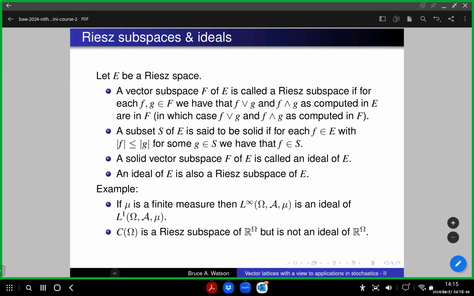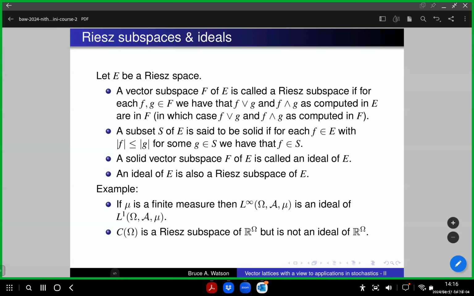But another interesting case where it fails is, let's take the set of all real valued maps on omega, some open set, and we then look at the continuous functions on omega.